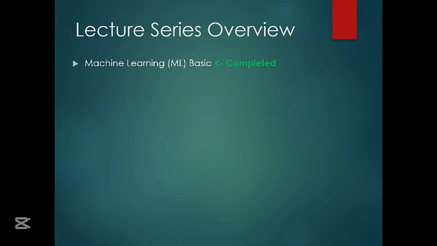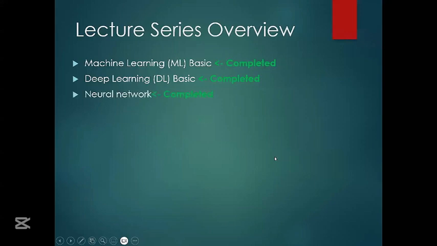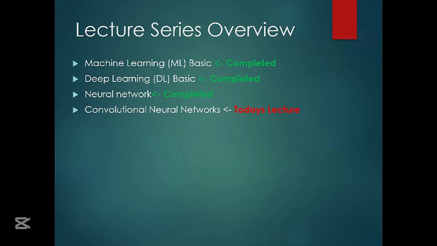So we have discussed some machine learning basics and some practical in the previous sessions, and also we discussed some deep learning techniques, right? And in the last lecture we discussed the neural network, right? So today's lecture is about convolutional neural networks, right? Someone has typed the keyword CNN as well. I believe that we discussed it when we did some introduction, but we did not dive deep into the convolutional neural network.